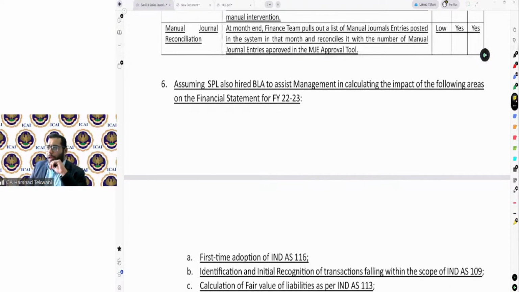Come on, guys. If they want to rely upon the work performed by internal auditor, what things they should consider, whether it can be done or not, whether the work performed by internal auditor can be relied or not.